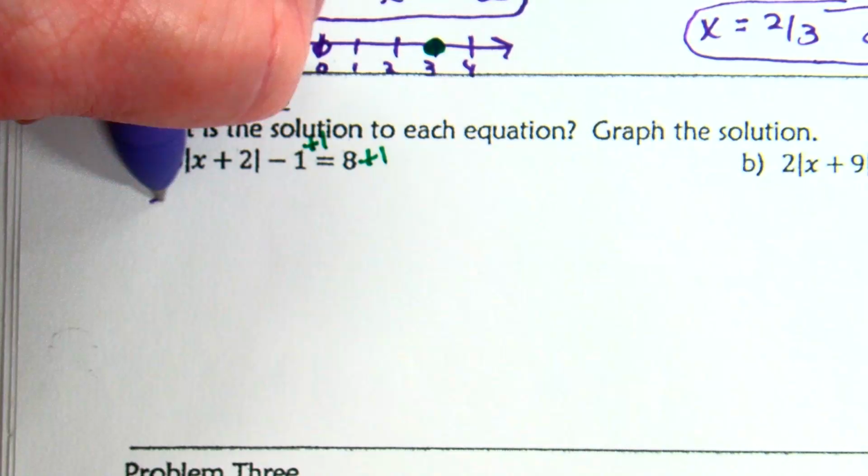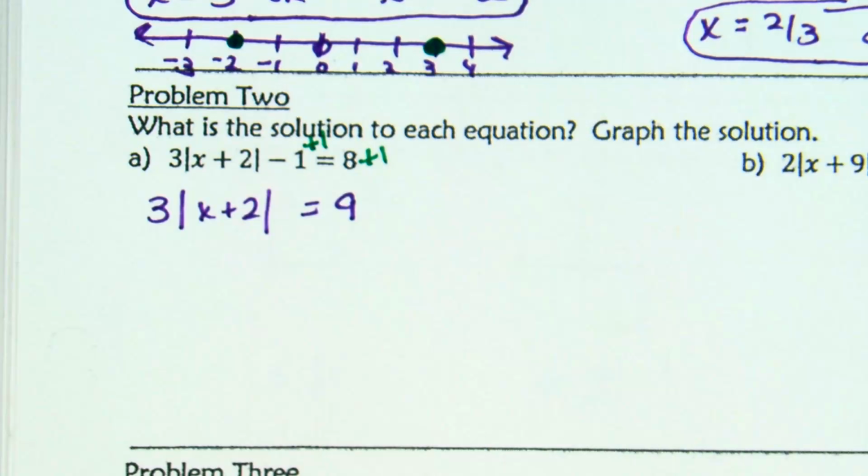Is my absolute value by itself? No. I moved the minus 1. Now I need to move the 3. It's 3 times this absolute value. So if you think 3A, how do you get that absolute value by itself? Divide by 3. If I divide by 3 on the left, divide by 3 on the right.